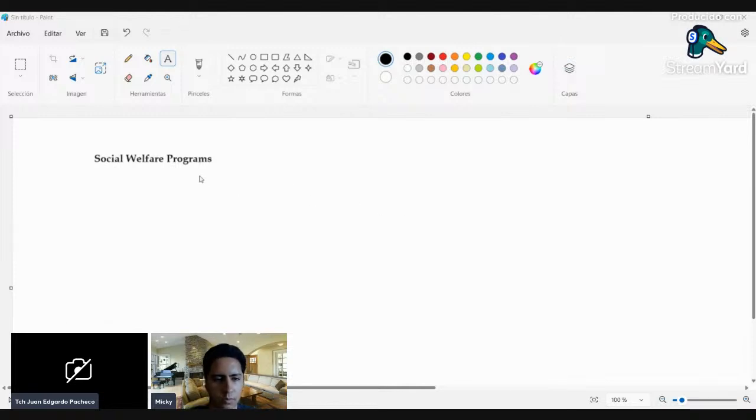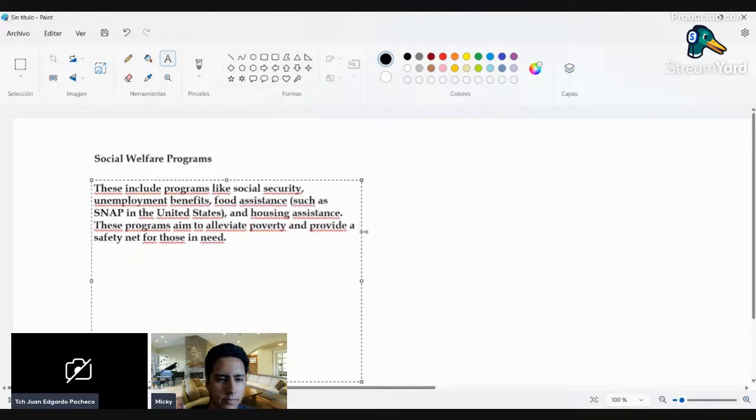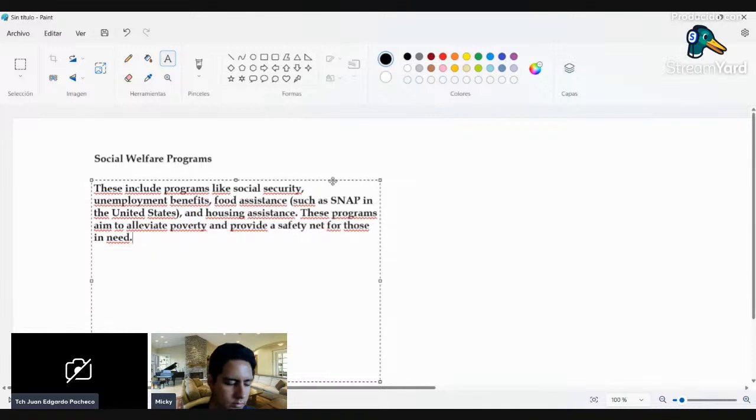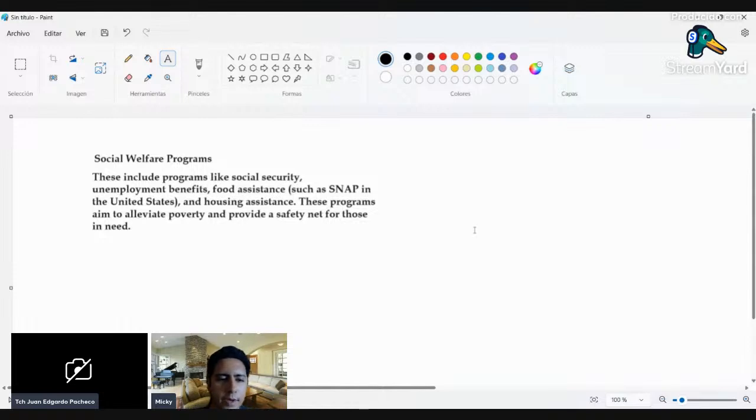Let me write the definition of this so that it becomes a bit clearer. These are some examples of social welfare programs. Let's see what you think. If you can please read them, at least in the US. What's your opinion about these ones, Mickey, please? Yeah, these include programs like Social Security, unemployment benefits, food assistance, such as SNAP in the United States, and housing assistance.